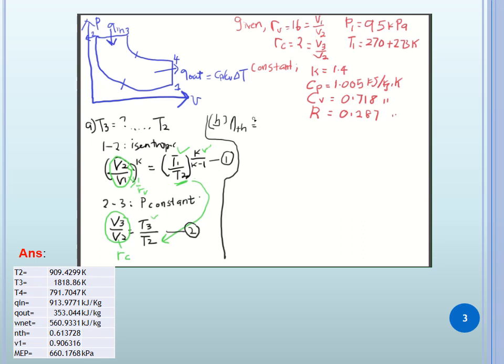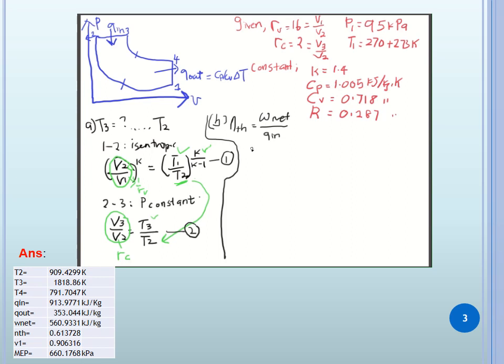But here, I would like to use work net over Q in. Why do I use work net over Q in? Because as we can see in question C, the mean effective pressure, we need to find out work net also. So that's why I use work net here.